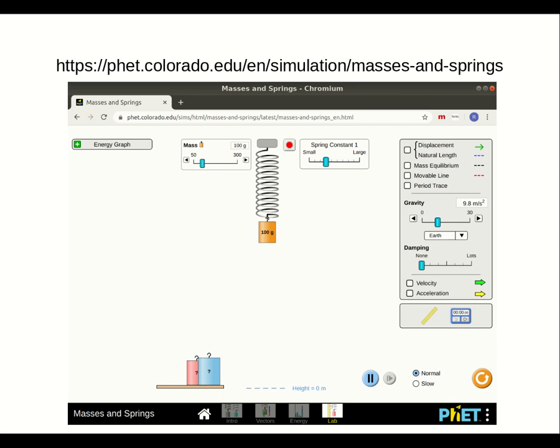It's known as a free oscillator. There's nothing driving it externally. There's an external force to displace it in the first instance, but once it was released it was oscillating itself with internal forces. Let's look at that in more detail and see how it links to waves.